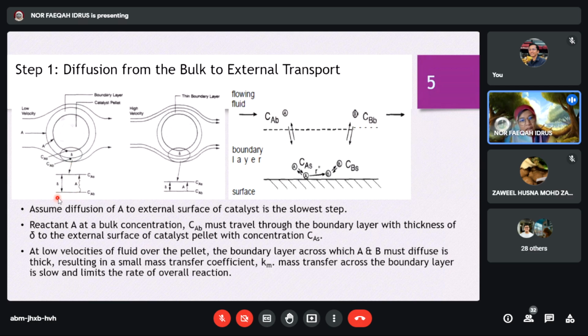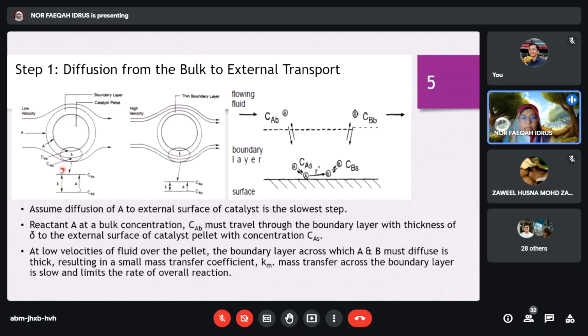So the arrow that I drew here means the mass transfer of reactant A to the external surface of catalyst. This is the thickness that reactant A will go through in order to reach the external surface of catalyst. If you look at the thickness of this boundary layer, it's quite thick.